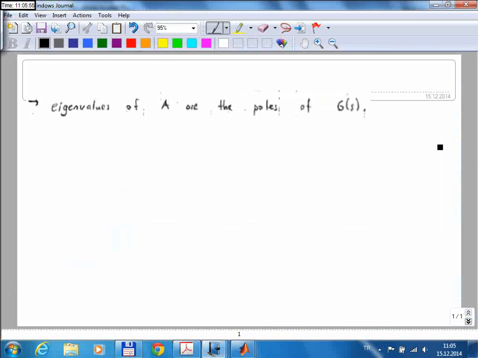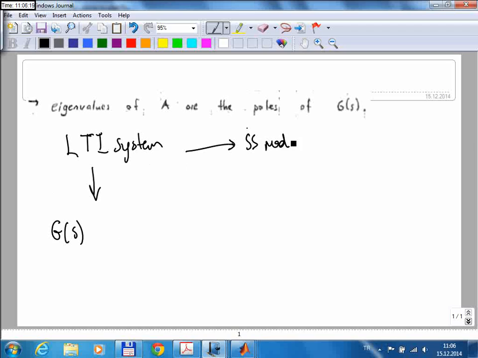Okay, so let me just make a summary here. Suppose that I have a linear and time invariant system. From here I obtain a transfer function G of s. This is unique, and I may have various state space models. So let me call this state space model 1.